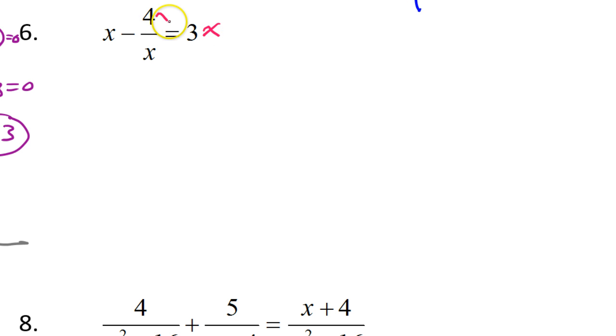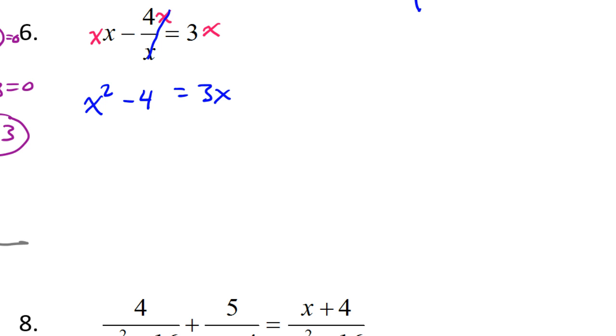I'll wind up having an x here, here, and here. All three places in the problem. Now, on the left, going from left to right, when I multiplied by x here, that gives me x squared. These x's just cancel out. That gives me minus 4. And here I have 3x.